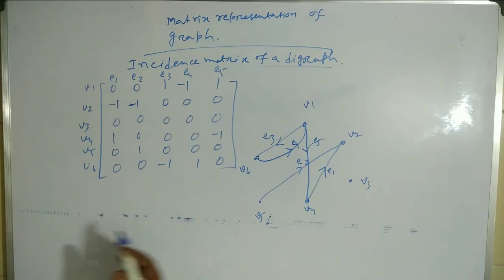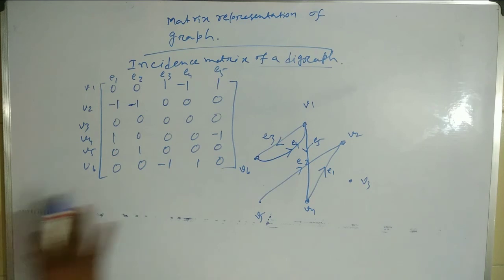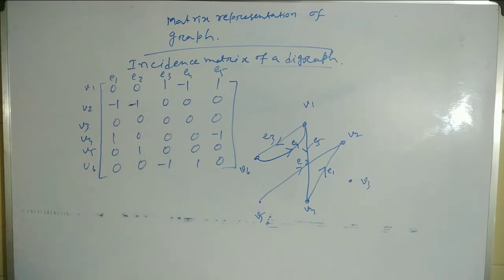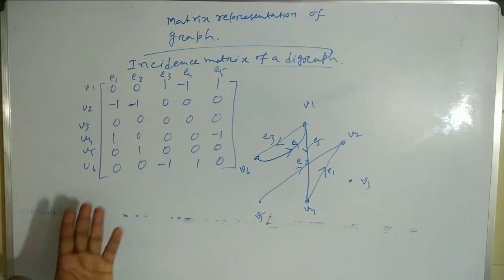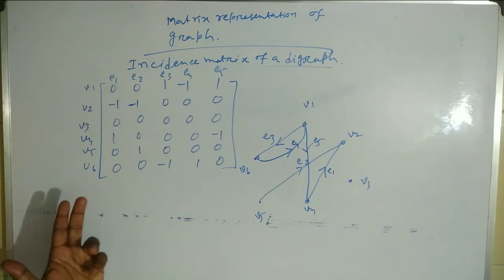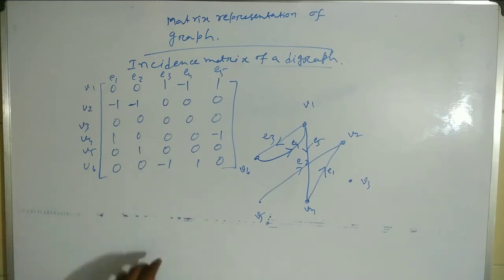If you consider the rows and count the number of plus 1, you will get the out degree of the vertices, and if you count the number of minus 1, you get the in degree of the vertices.